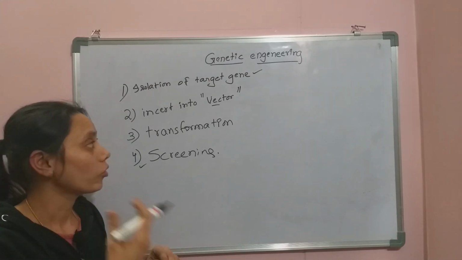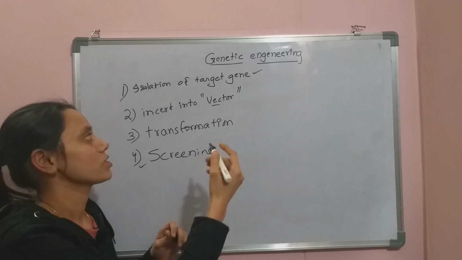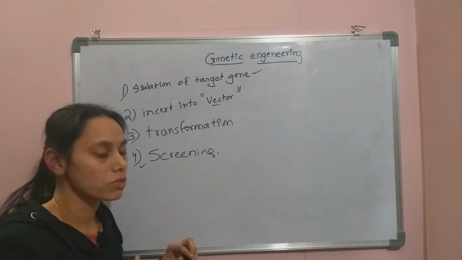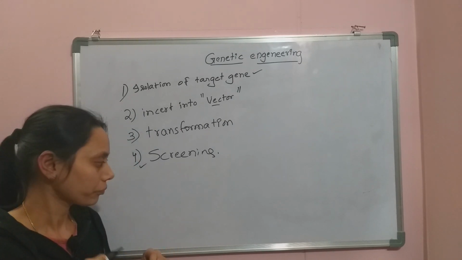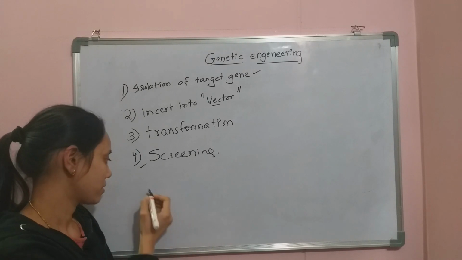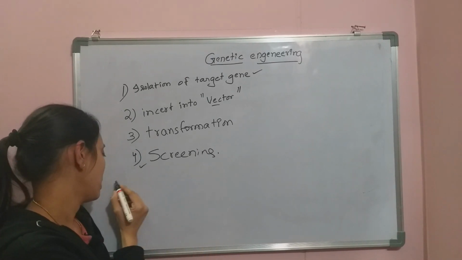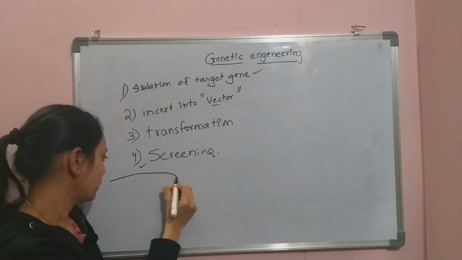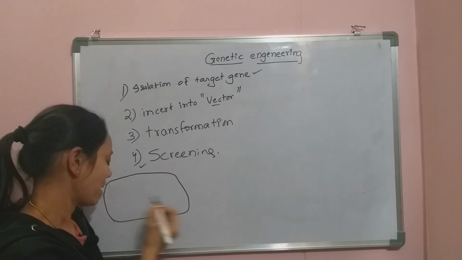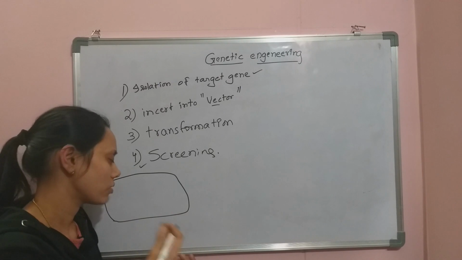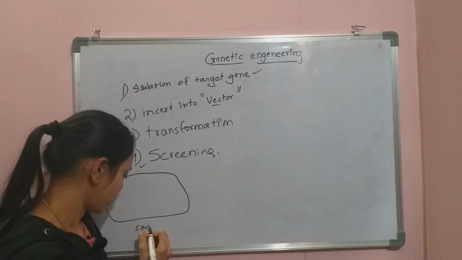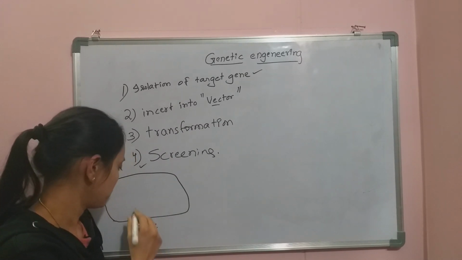If we go into more detail on each individual step, first we need to isolate the target gene. So how do we do that? As we already discussed, let's take the same example. Let us take an animal cell. Any animal cell or plant cell, whatever it could be, is the source organism.